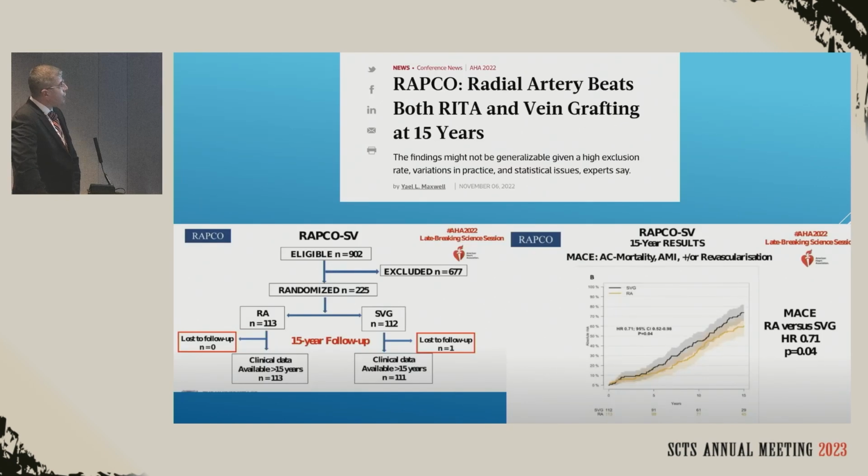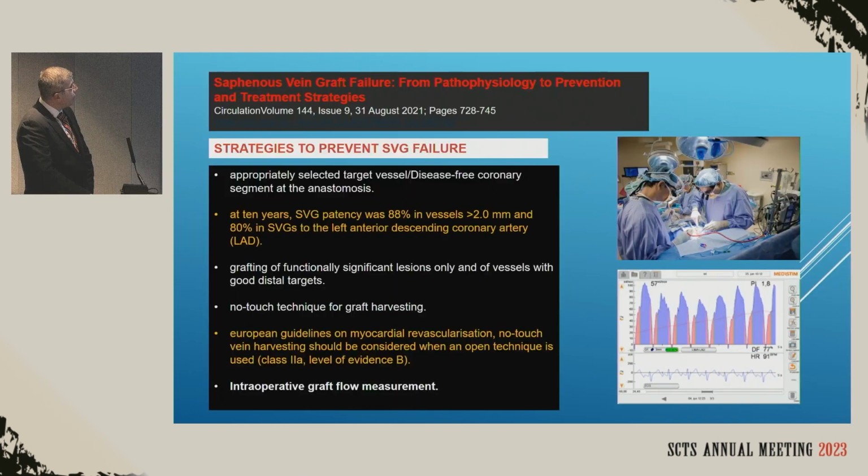And more controversially, this hasn't been published yet to my knowledge, but the REPCO trial showed the opposite, that on long-term follow-up, up to 15 years, a radial artery is protective and reduces MACE significantly. So again, quite conflicting evidence.